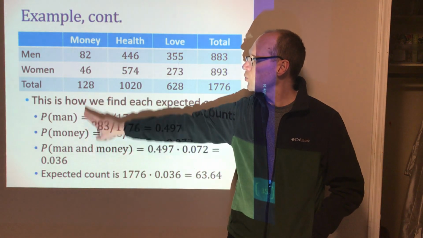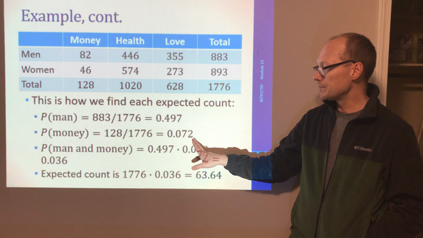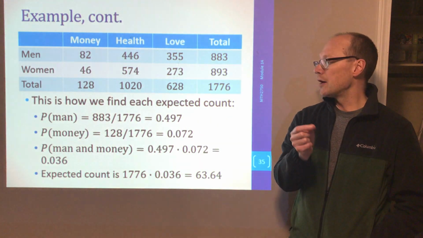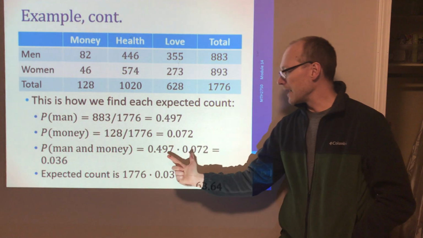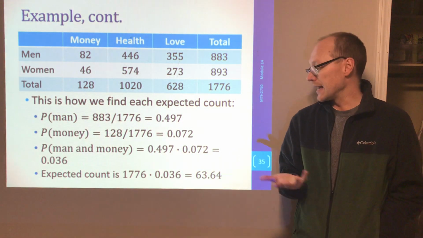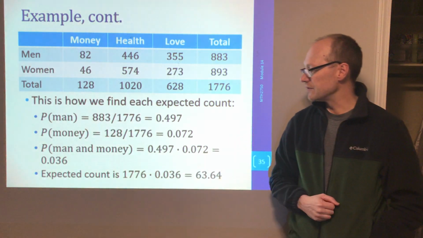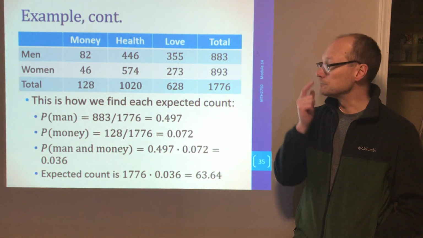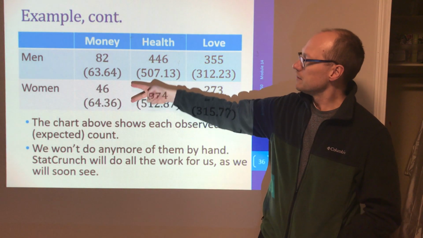There were 128 out of 1776 that chose money. So the probability, if they were independent, of being a man that preferred money would be found by multiplying these two together to get 0.036. Then the expected count is just that percentage, 0.036, times 1776, to give 63.64.